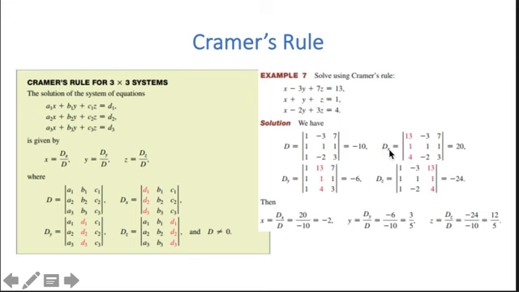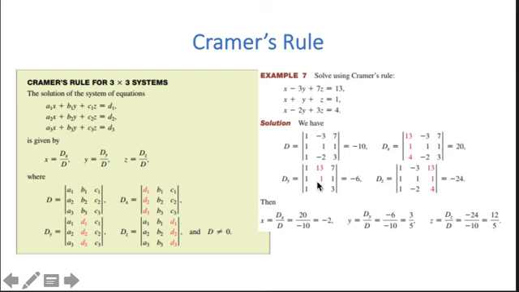Now, D sub x, the determinant of the x matrix. How you determine that, remember, is you take the column of x's out, and where those coefficients would be, put the constant terms. So I have 13, 1, and 4 in that column. The y column and the z column stay the same.